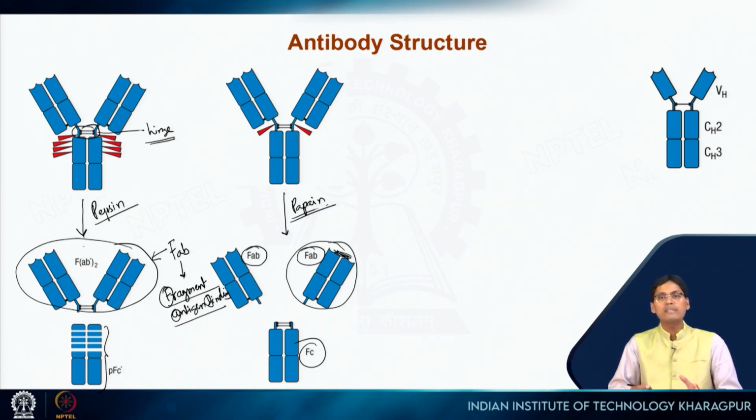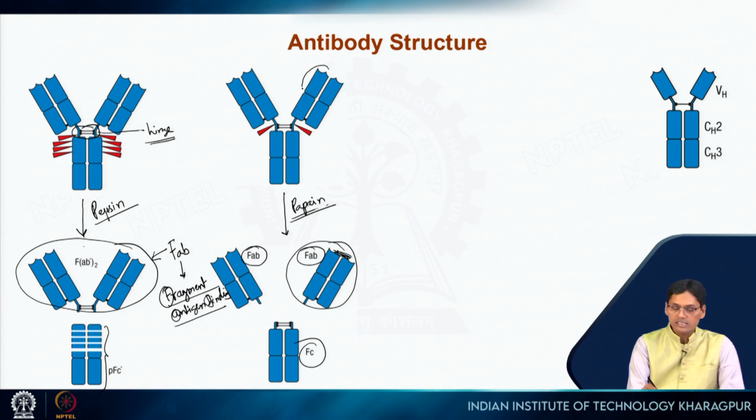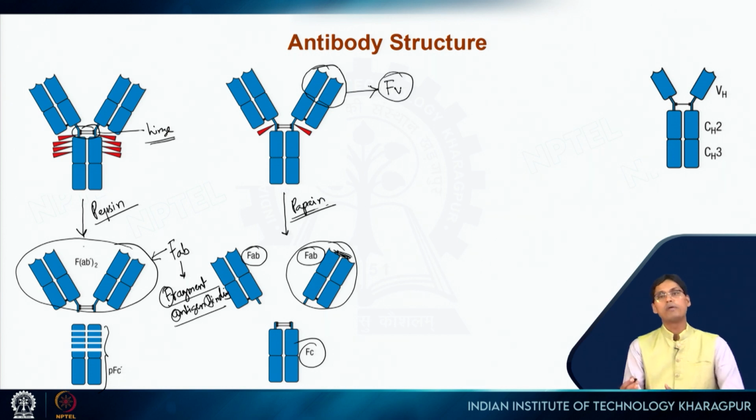This is the conventional antibody. We are just treating it with some proteolytic enzyme. But it is possible to make this kind of fragment, where only the variable regions of the heavy chain and light chain are present. This is called Fv, the fragment variable region. It will also bind to the antigen.